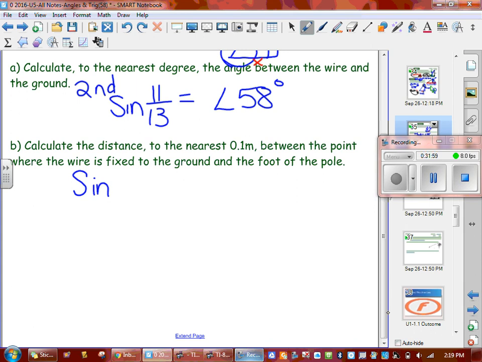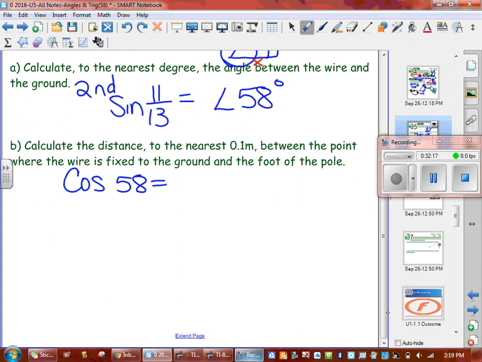We could use cos or tan, just not sine, because we have to find the adjacent. So adjacent x over 13. We're going to have x equals 13 times cos 58, and x is going to equal 6.9 meters.